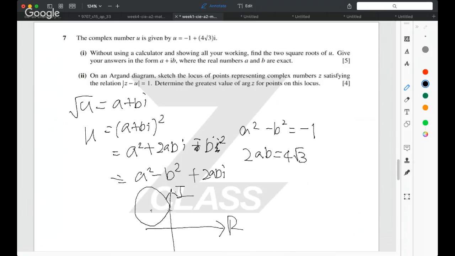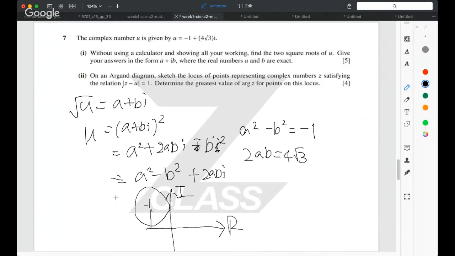So it crosses the imaginary axis because the real axis coordinate for this u is -1, and the distance between z and u is 1. It does not cross the real axis because this coordinate is larger than one, so it does not go below this.